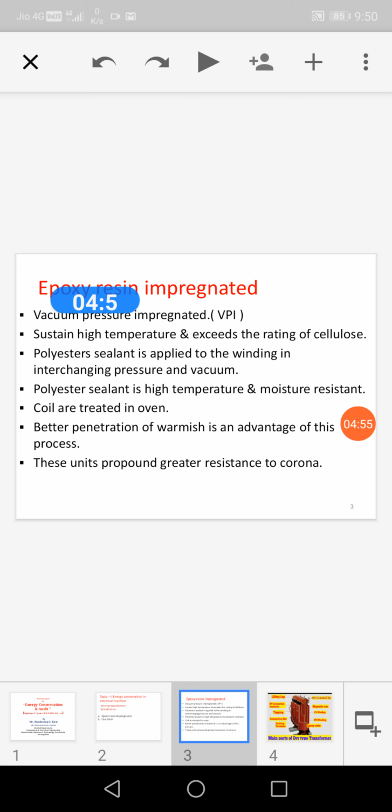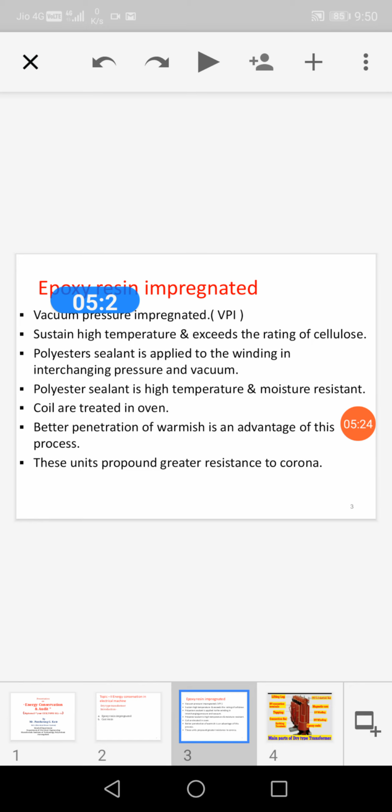Epoxy resin impregnated transformers means vacuum pressure impregnated transformers, that is called VPI, and these transformers sustain high temperature and exceed the high rating shell loss. Polyester sealant is applied to the winding by alternating the pressure and vacuum.